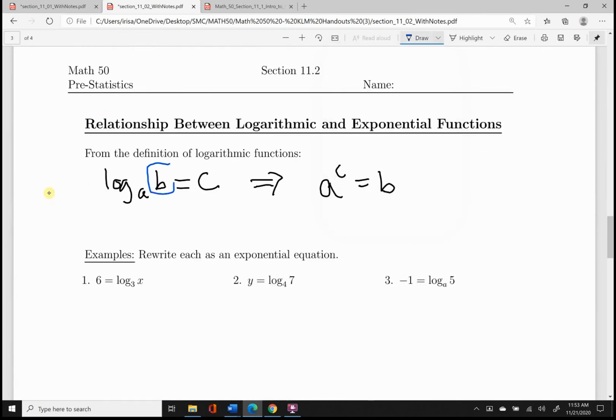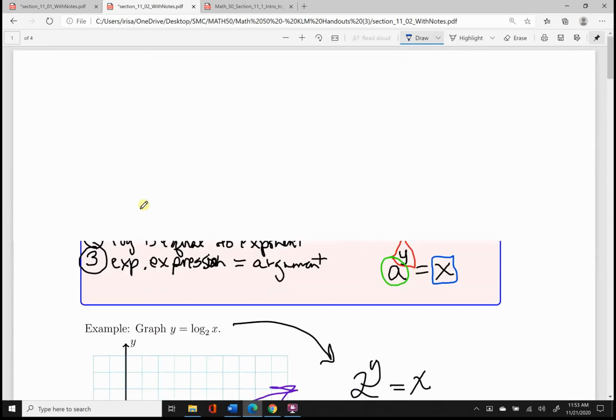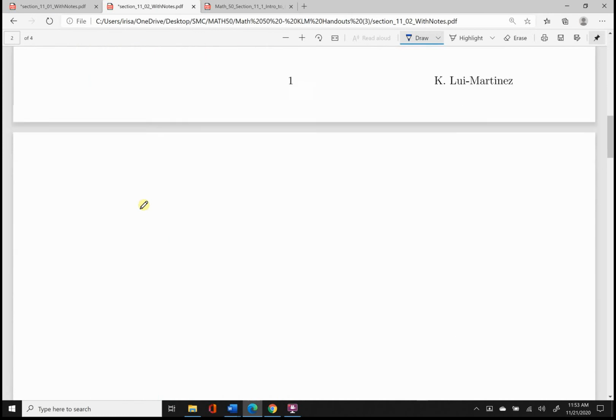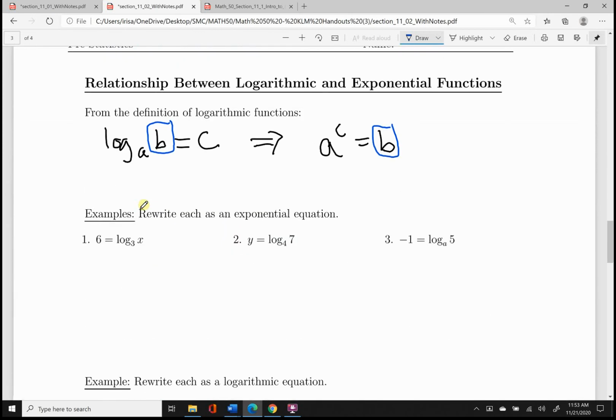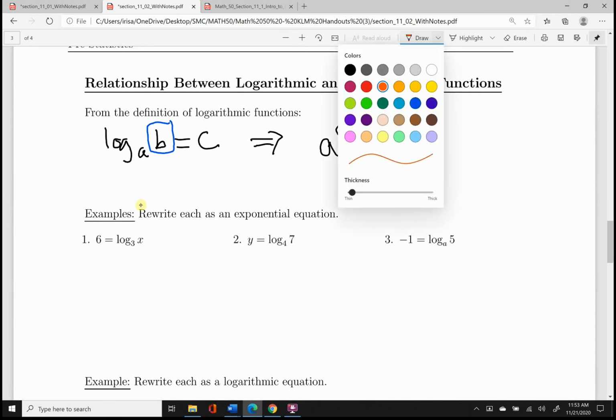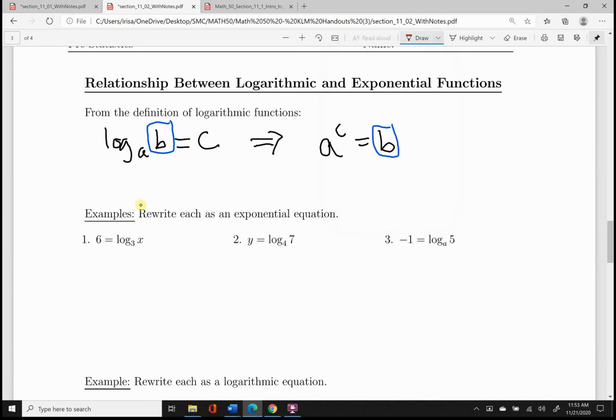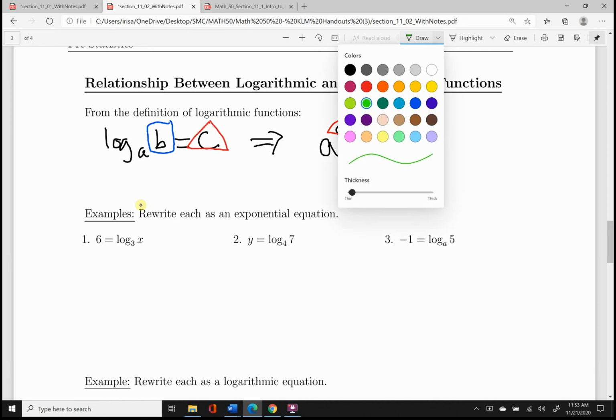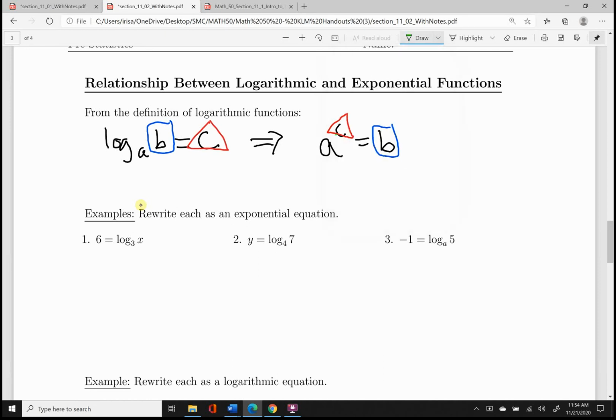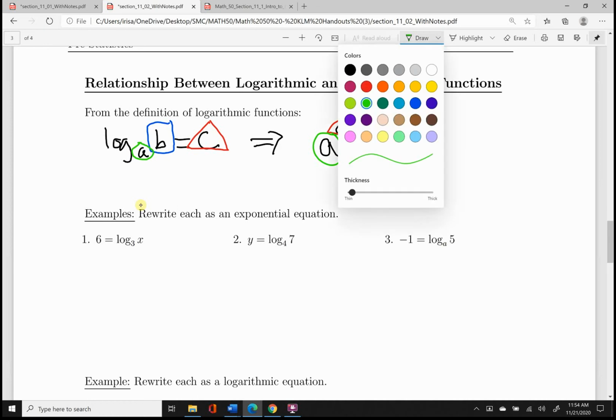Red triangle for the exponent. And then it was green circle, I remember that one at least, for the base. The base is the base, the log is equal to the exponent, and the argument is equal to the exponential expression. Now, let's get that going with some conversions here.